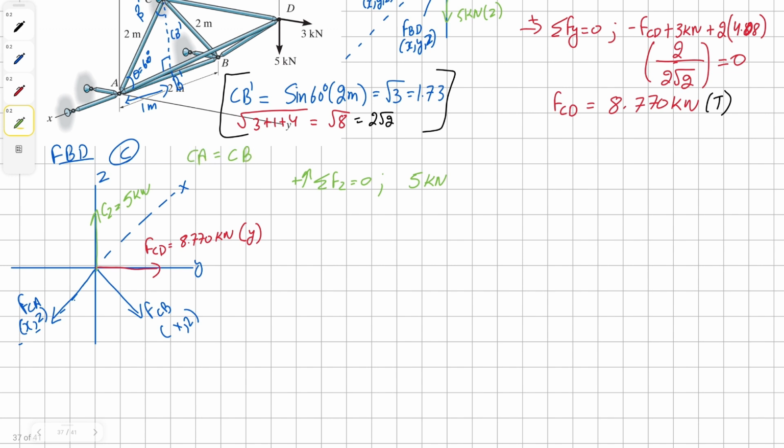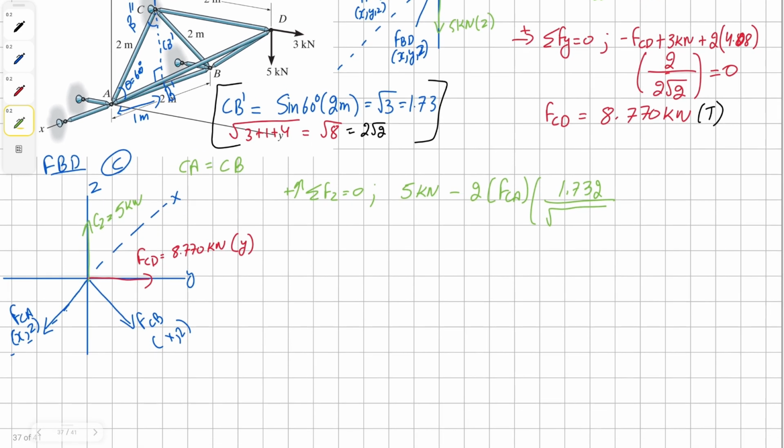So this means you're going to have negative 2 times either CA or CB times their z-axis component, which in this case is going to be square root of 3, which is 1.73, divided by square root of 3 squared plus 1, all equals 0.